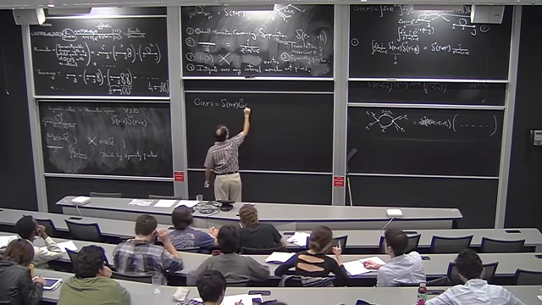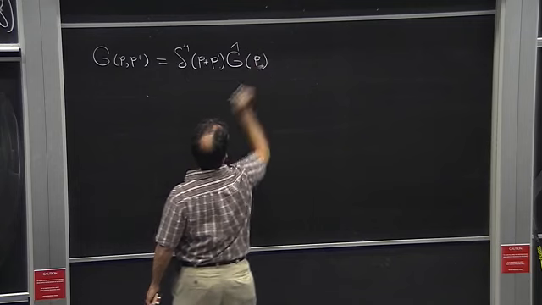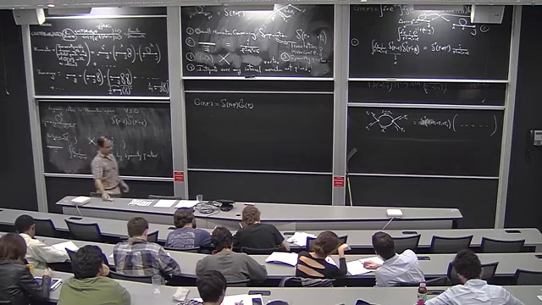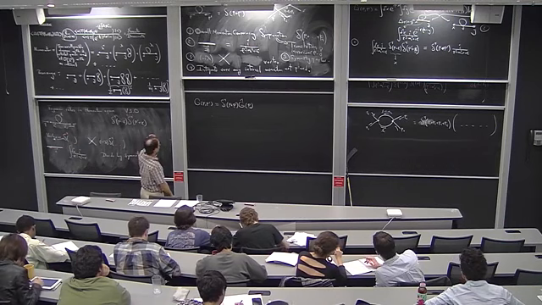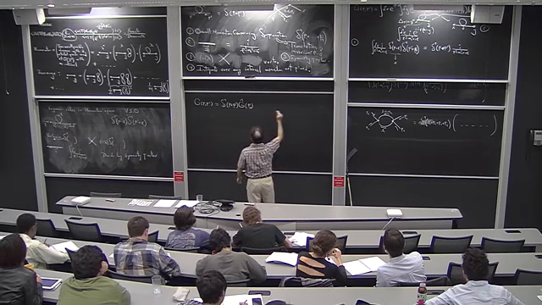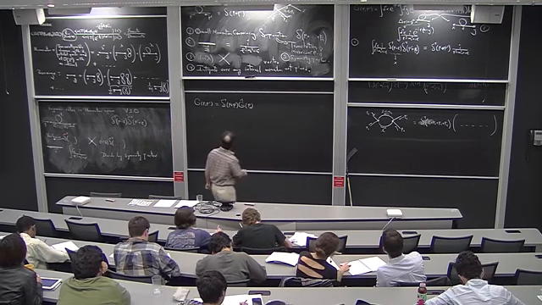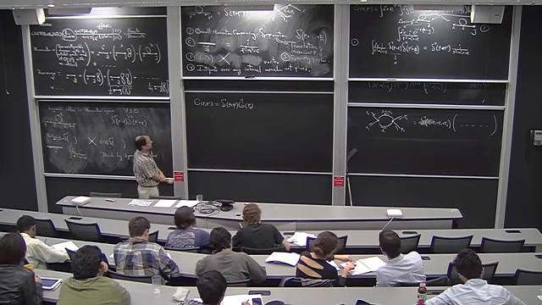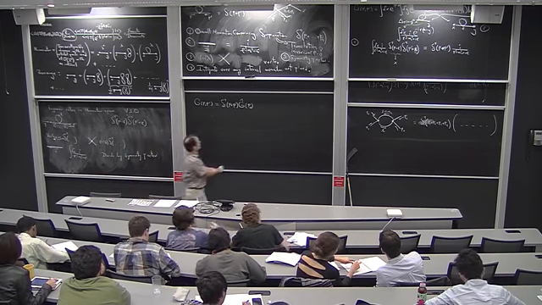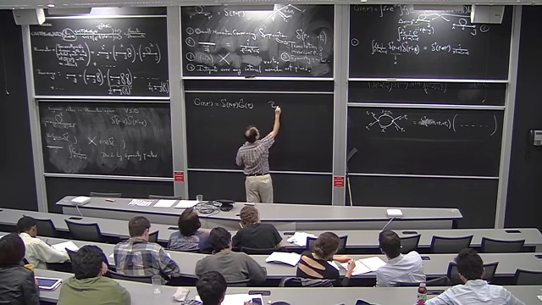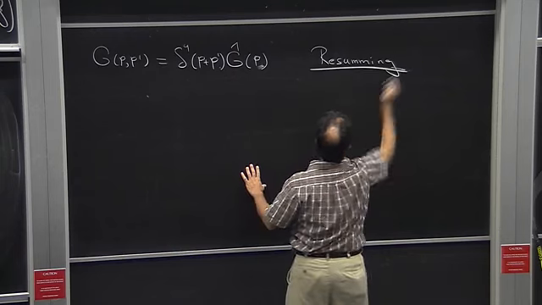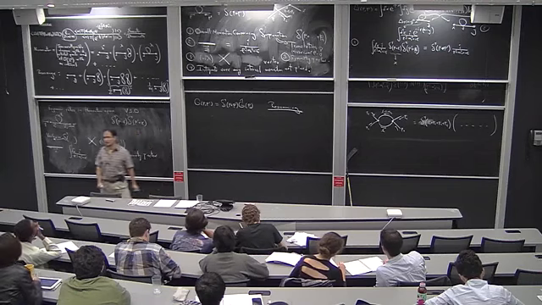So let me define the rest to be something that depends only on P. Okay, so I don't know how to call what we're going to do now. Let's call this section resumming.